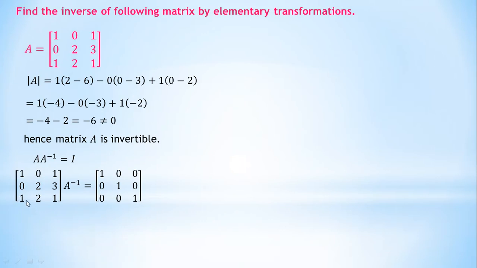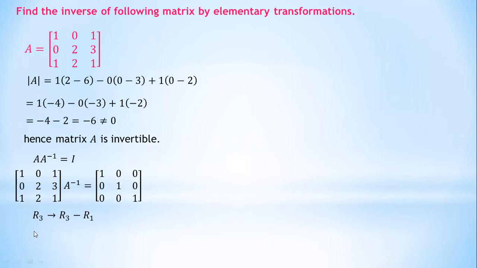We have to change R3 as R3 minus R1, meaning if you subtract row number 1 from row number 3, then you will get 0 here. Just think about this element, don't think about other elements. How to get 0 is our main part here.